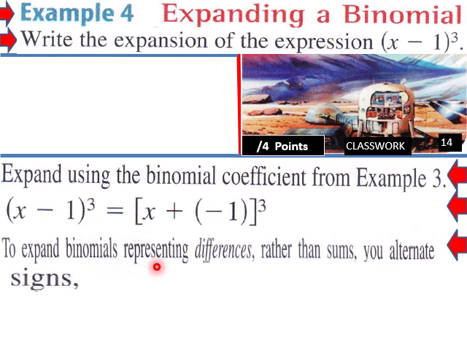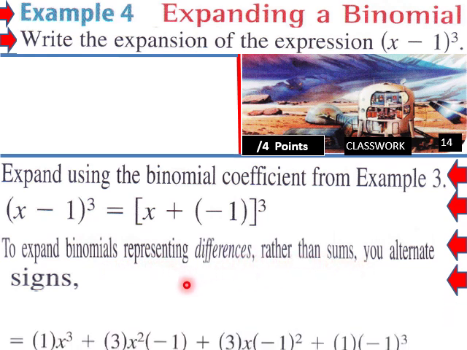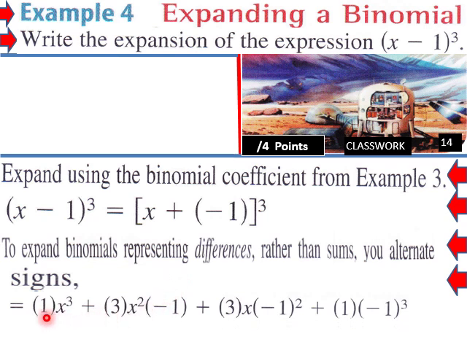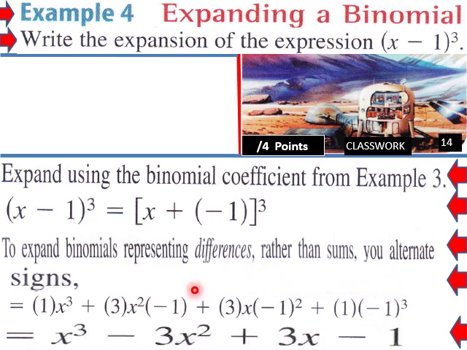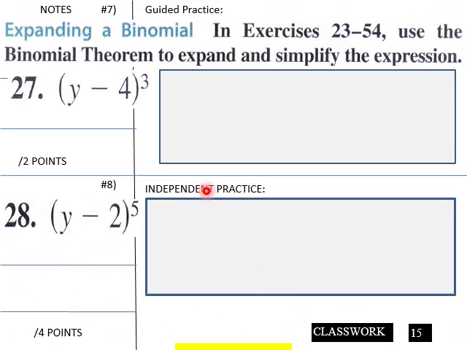To expand binomials representing differences rather than sums, you alternate signs. So we end up with x cubed plus 3x squared times negative 1, plus 3x times negative 1 squared, plus 1 times negative 1 cubed. And then this will yield x cubed minus 3x squared plus 3x minus 1. And then we'll try it again here with this difference. Students, this is on you with this difference.